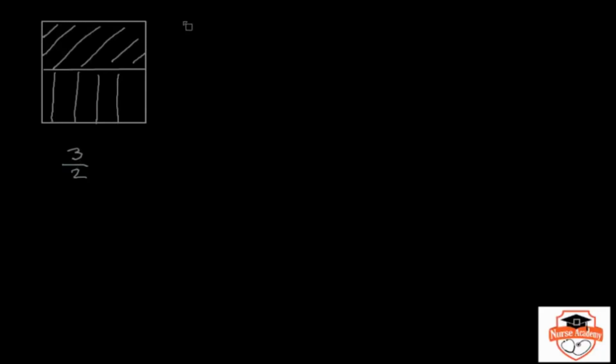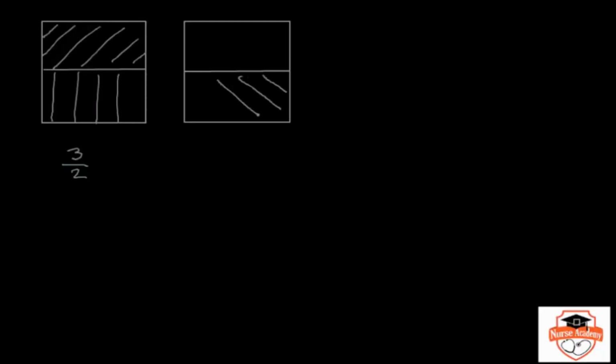And you guessed it right, it comes from another square of the same size. You cut this into 2 equal parts, which means all 4 pieces are the same size. And now if you shade any one of these 2 pieces, let's go for this one, we have 3/2 of this square shaded. 1, 2, 3.